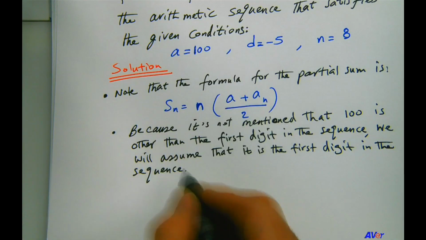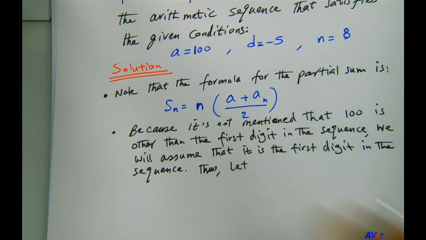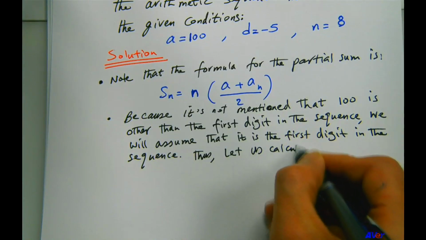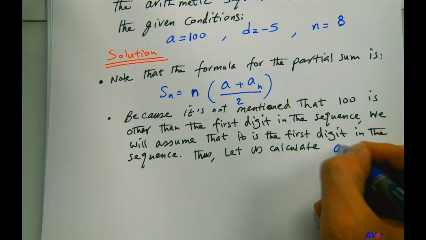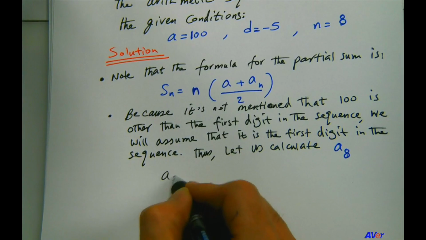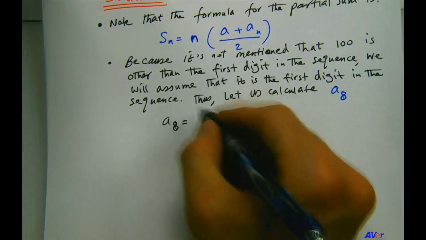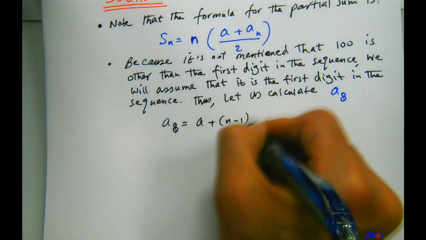So let's calculate A8, because we're going to need it for this formula, right? So A8 is equal to, let me move this up a little bit. A8 can be calculated using this formula, right? A plus n minus 1 times d.